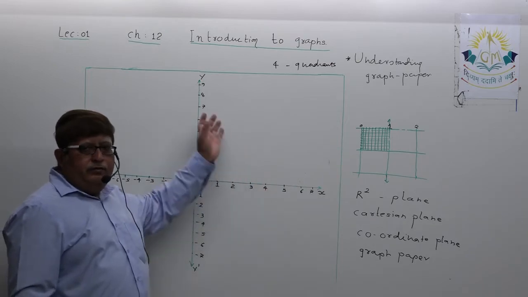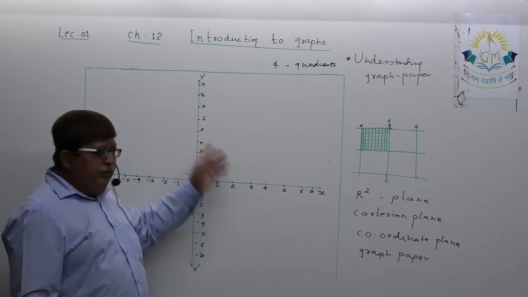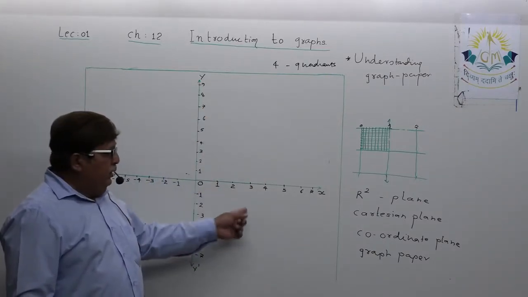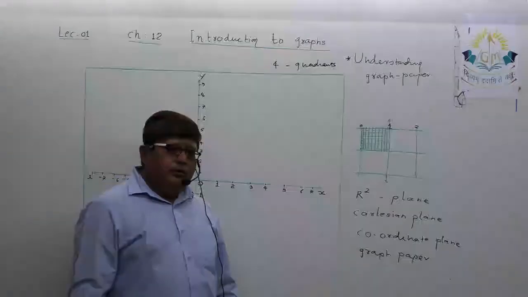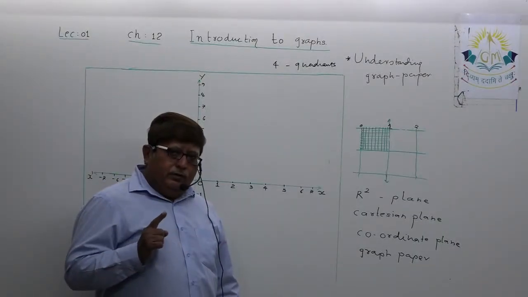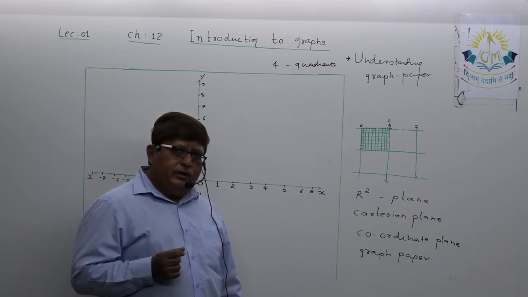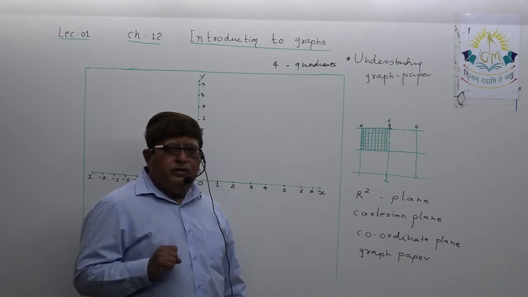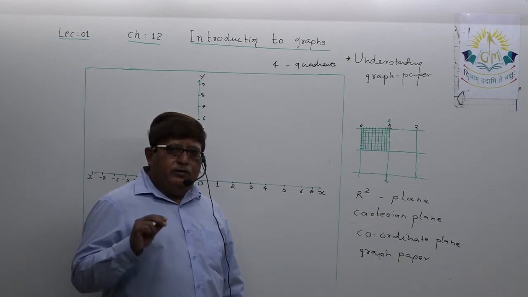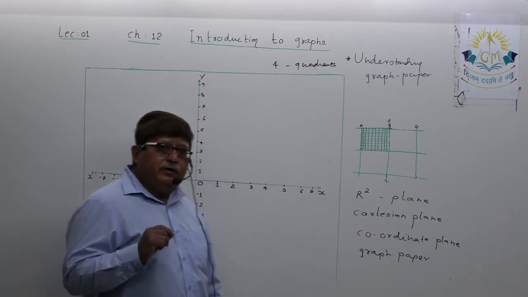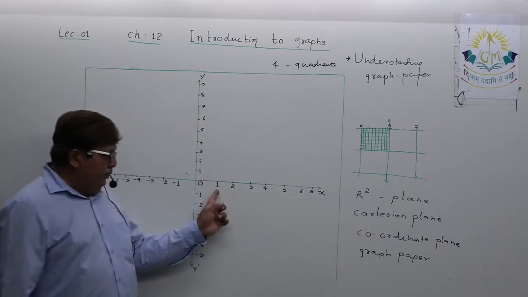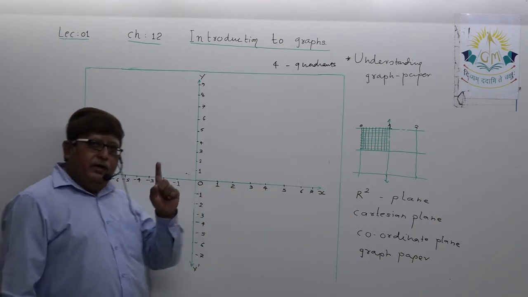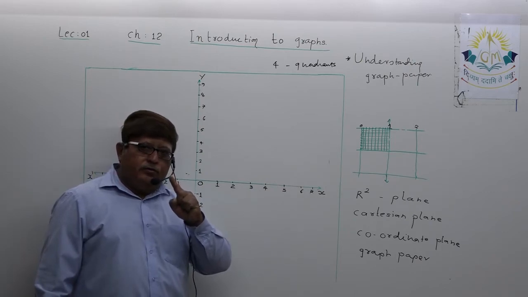Draw the x-axis, y-axis, origin, represent positive numbers and negative numbers. Actually, the numbers which you are representing here are not known simply as numbers, but they are known as coordinates. What are they called? Coordinates. These numbers on the x axis are called x coordinates.